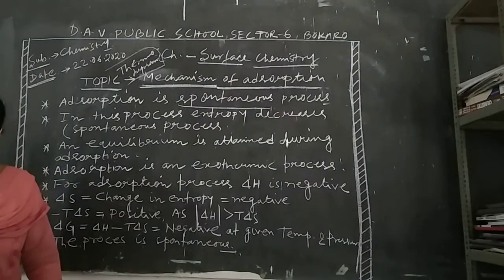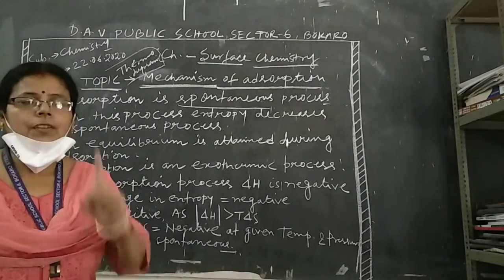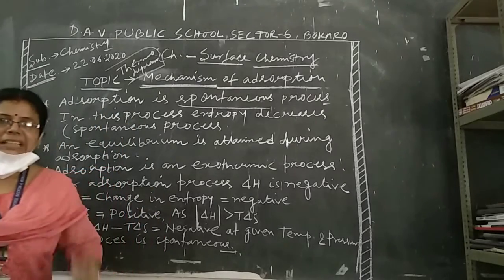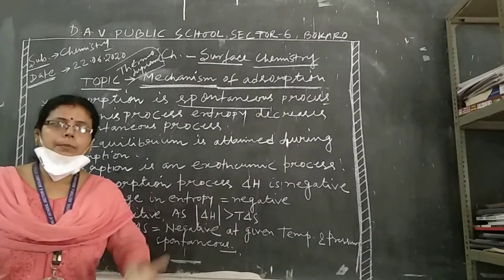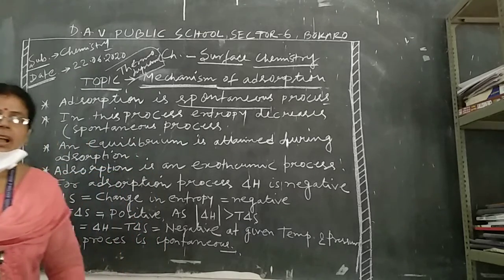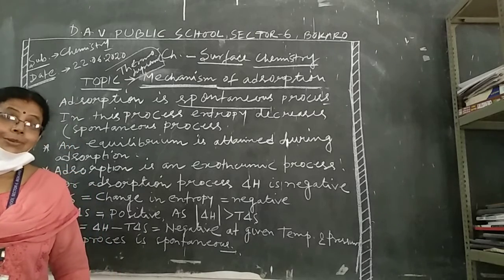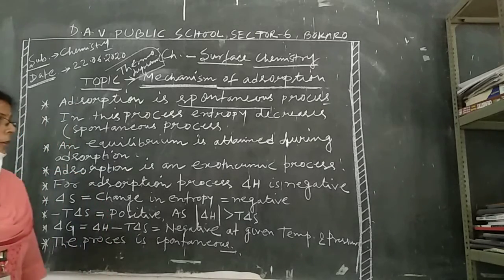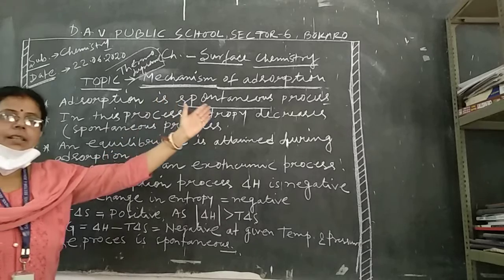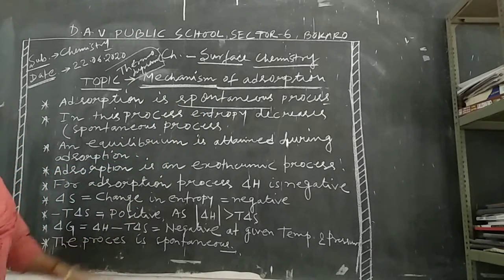When del G, the change of Gibbs free energy, is negative, the process is spontaneous. Del G equal to 0 is an equilibrium process. Del G positive is a non-spontaneous process. I discussed this in standard 11 also, students. I am sure everybody knows. So first of all, adsorption is a spontaneous process, and I have to prove that del G is negative in this case.